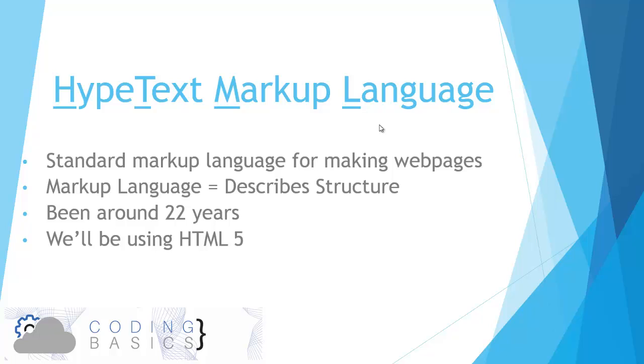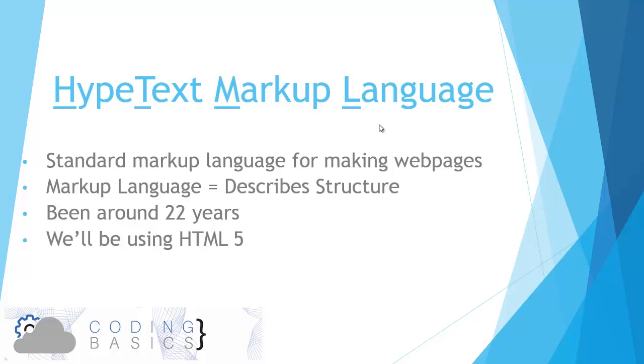Now, it's a markup language, not to be confused with a programming language. A programming language, like Java or Python, lets you do a lot more logical stuff, like if statements, loops, stuff like that.